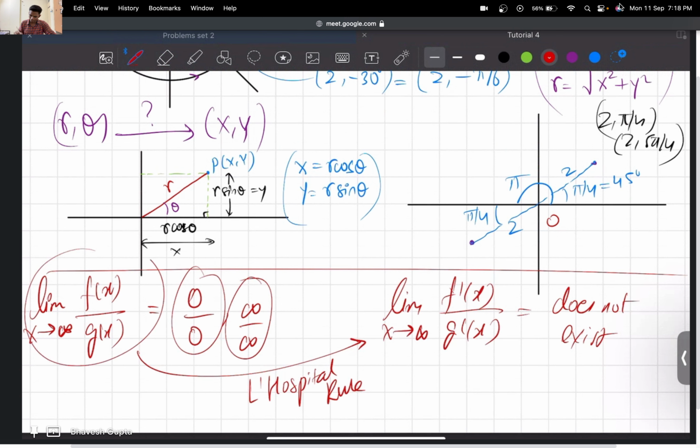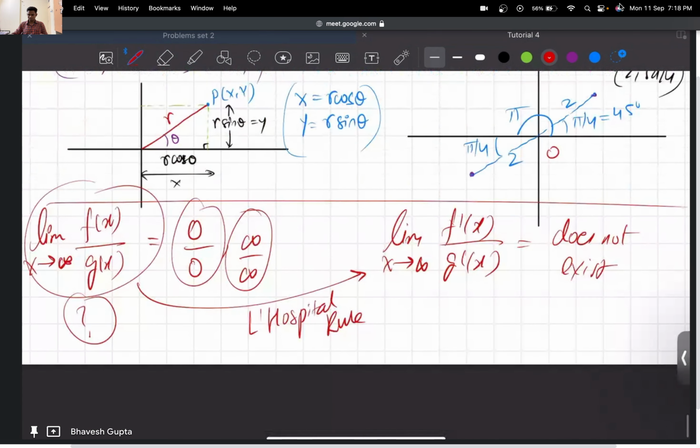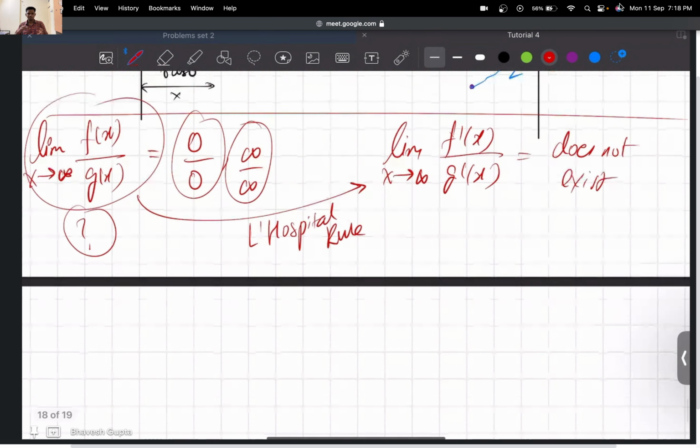So what can you comment about this? Is this possible? Do we have an example for this? That's an interesting question.